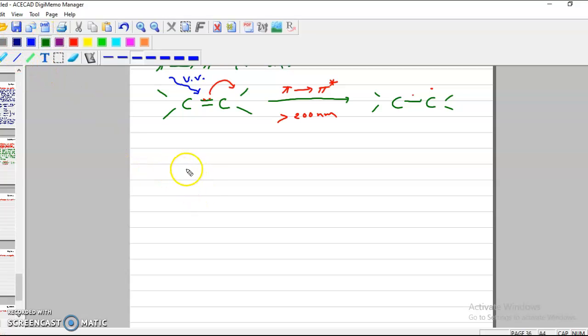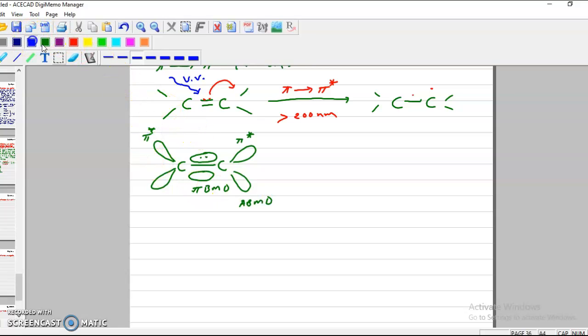Now with figures, carbon and carbon has a single bond, that is a sigma bond, as well as a double bond, that is a pi bond. These orbitals are pi BMO orbitals, where you will find at least two electrons, and these are the ABMO of the pi bond. So we call them pi star orbital of ABMO. This is also pi star.